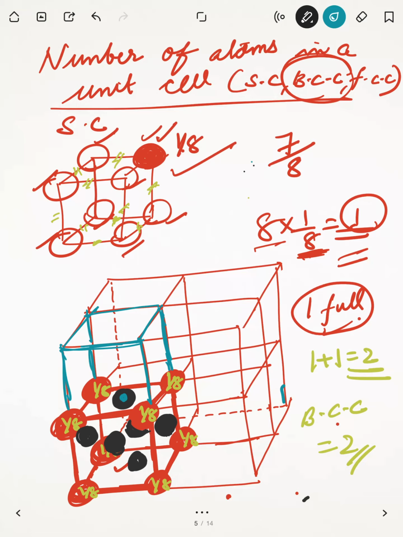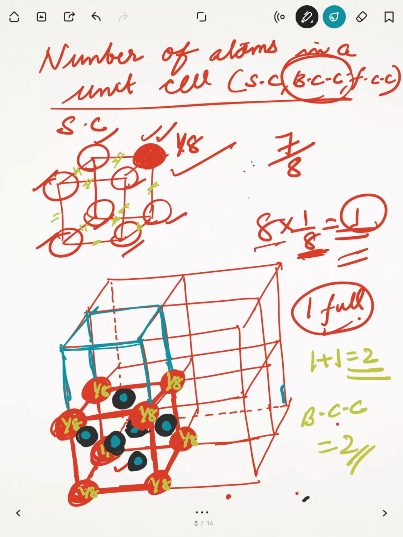Similar is the case with this one, half. Half is to this particular unit cell, half is to the right hand side unit cell. From the face center also, only half contribution is there to this particular unit cell. So, from the top half, bottom half, right hand side half, left hand side half, front half, back half.